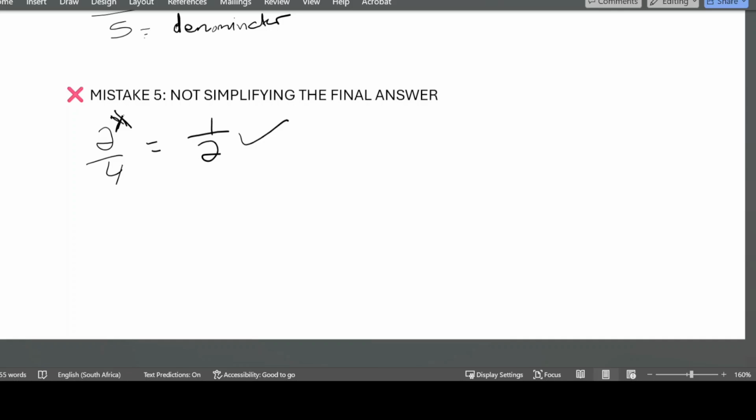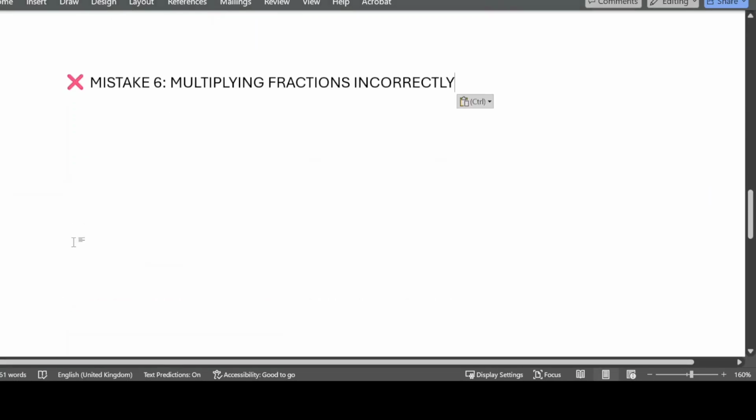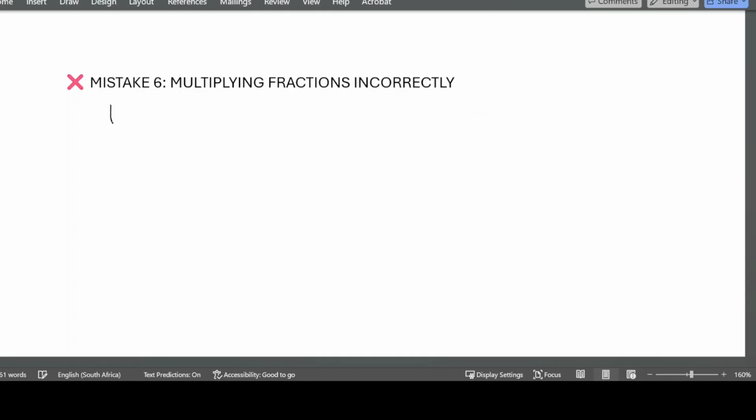Mistake number 6, multiplying fractions incorrectly. We have 1 over 2 times 1 over 3. Some learners multiply fractions by adding the numbers or mixing them up. When we multiply fractions, we multiply the top numbers together and we multiply the bottom numbers together.